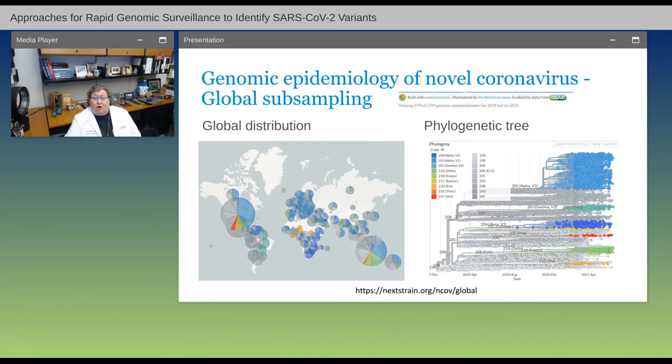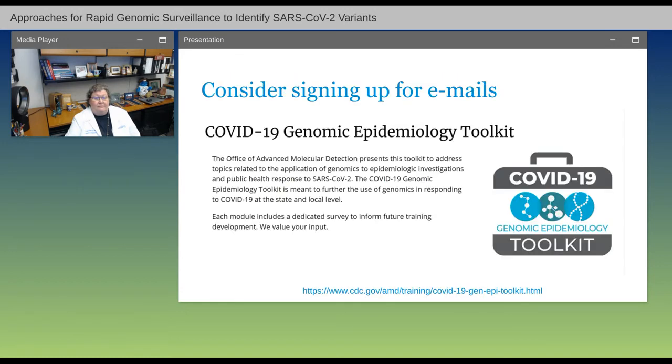The shorter the arms, the more related the viruses are. The longer the arms, the more unrelated they are. And this is a CDC website that you can sign up for to get emails about the epidemiology of SARS-CoV-2 when they have new information.